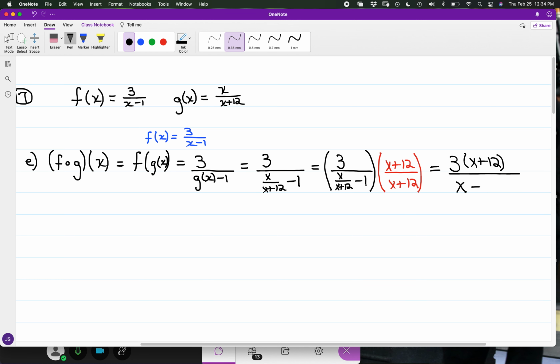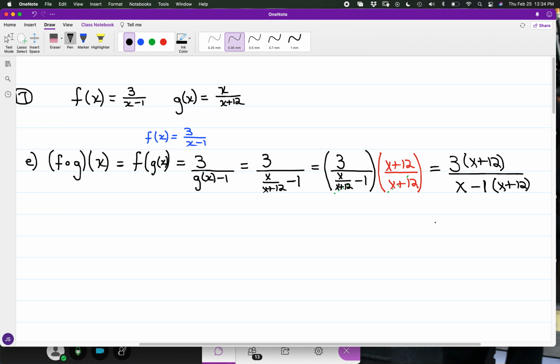So I'm going to be looking at distributing subtraction, or in this case, negative 1 over the binomial x plus 12. From a visual standpoint, x plus 12 is going out with the first distribution. So I have the x and I have minus all of x plus 12.